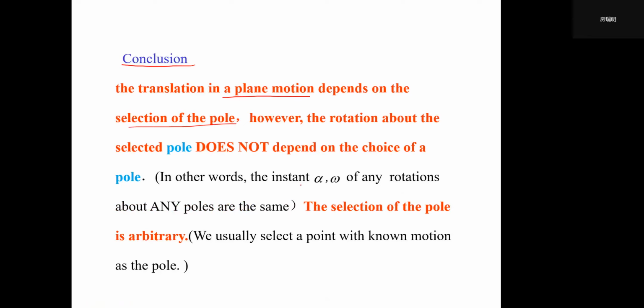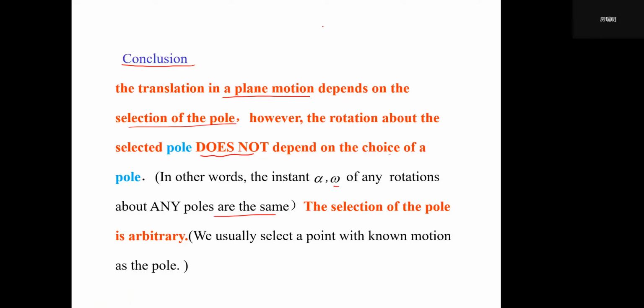In other words, alpha, the angular acceleration, and omega, the angular velocity, of any rotation about any pole are the same. So the selection of the pole is arbitrary. We usually select the point with no motion as the pole.